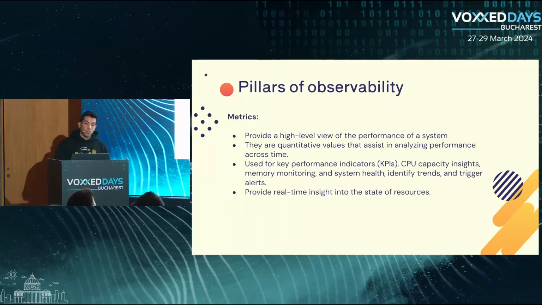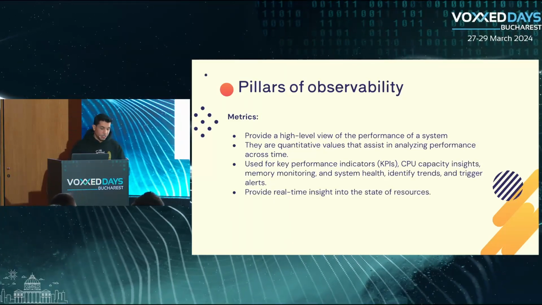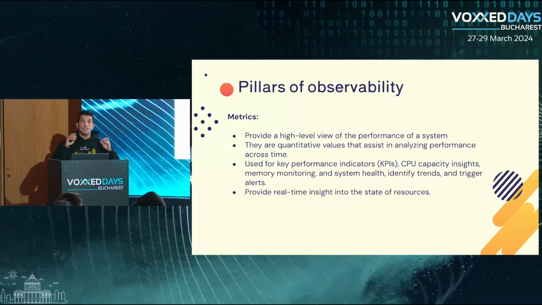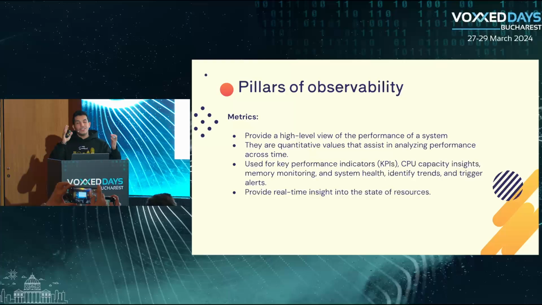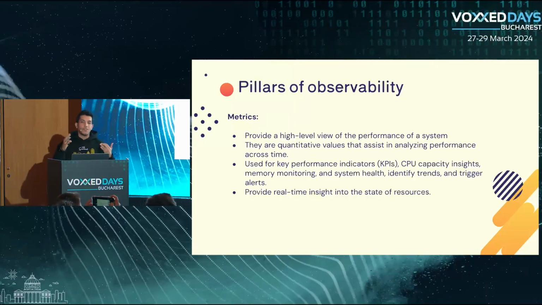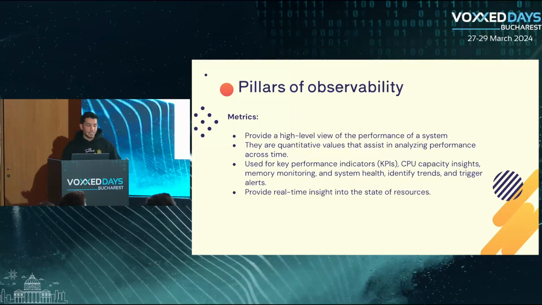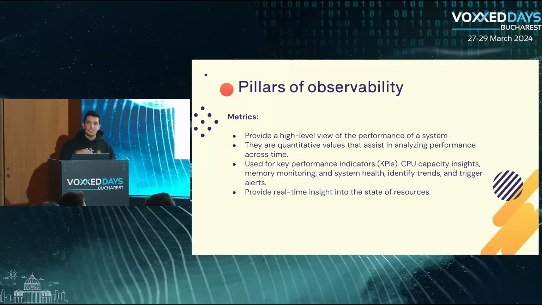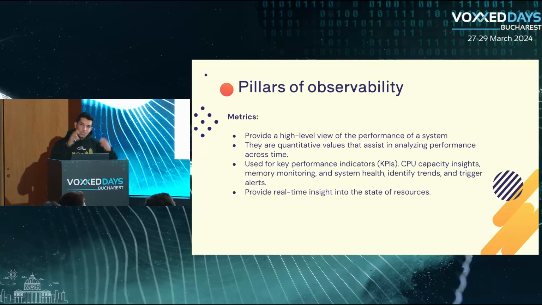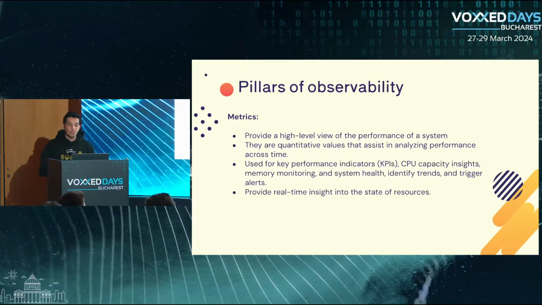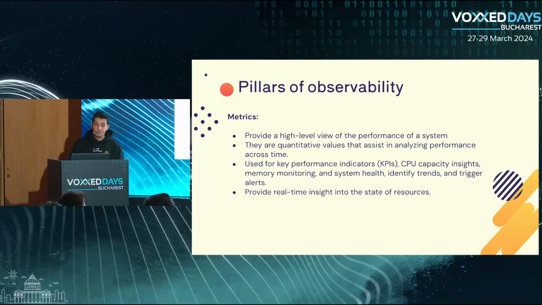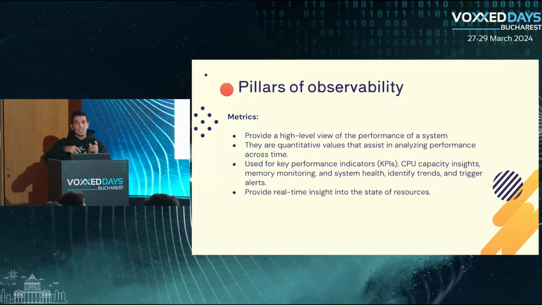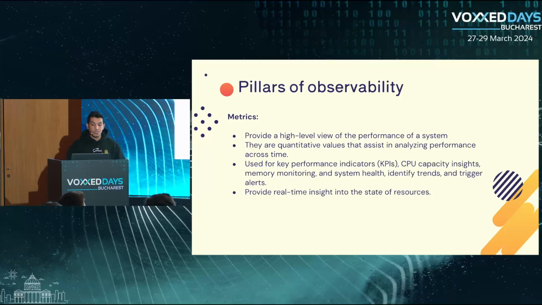And then we also have metrics. Metrics are numerical values that tell us how healthy our system is. Think of memory consumption, CPU, latency, and so on. They give us a micro overview of the health of our system. They are quantitative, so we collect them, analyze them, and output them into graphs.